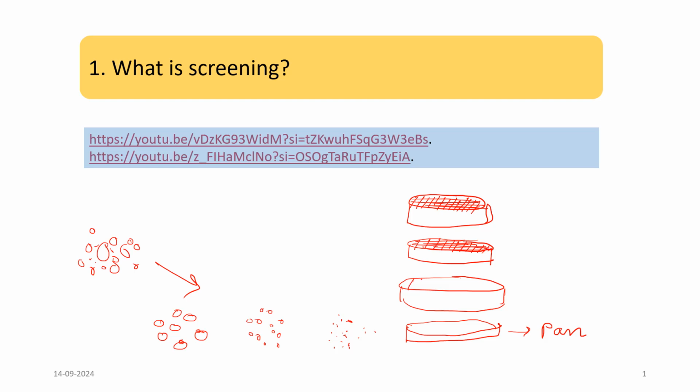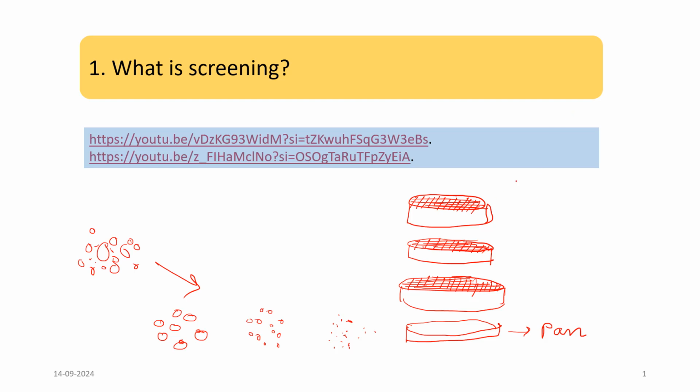Similarly here also. The screen through which the particles have passed is called the limiting screen.